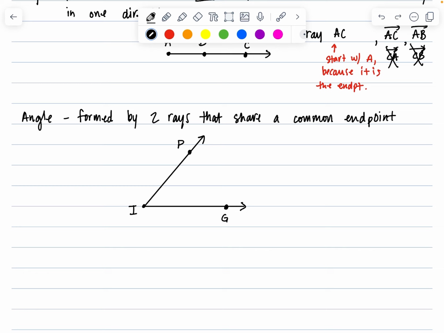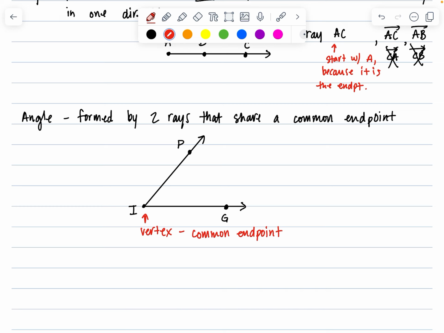Okay? We call this point the vertex because it is the endpoint, it is the common endpoint. Common or shared endpoint. In other words, it's where pretty much the two rays meet, okay?